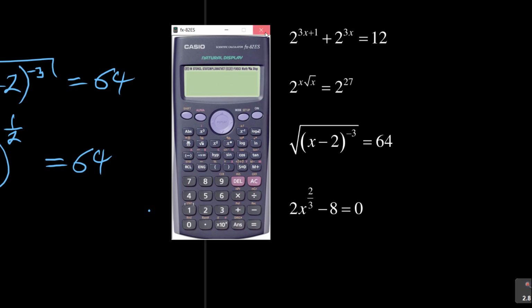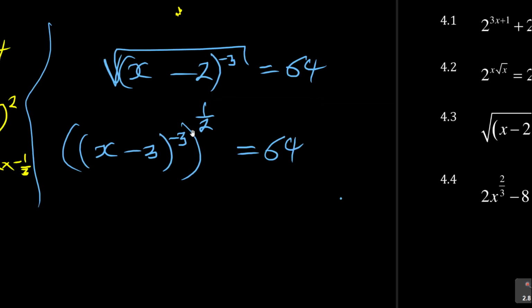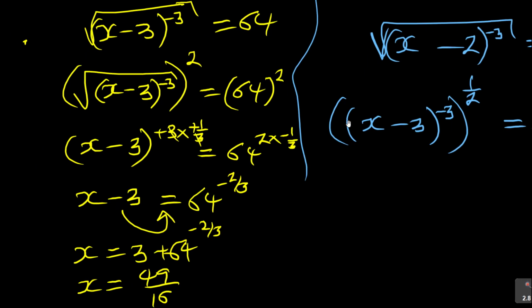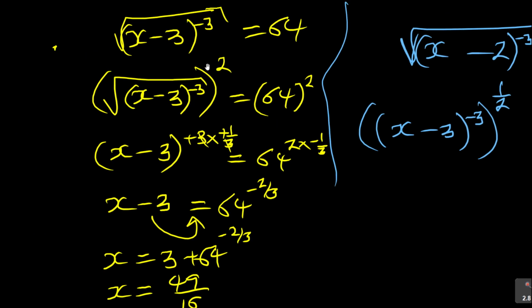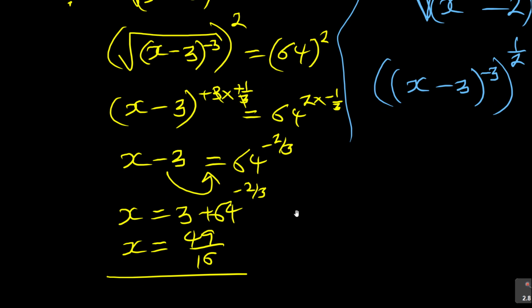Let's check where the error could have happened again. Let's come here. We say it is squared, and we say it is squared, and then multiplied by that.